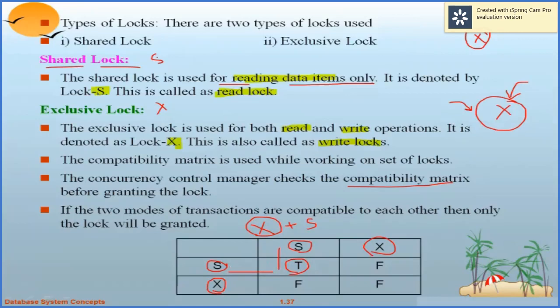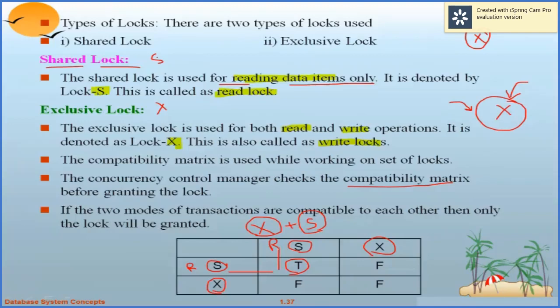When a data item is having a shared lock on it, then the other transaction on the same data item can also impose a shared lock. So why? It's all about read operation, right? So when the data item is locked with read operation, then obviously the other transaction can also read it. There's no question of overwriting. So reading can be easily allowed over there.